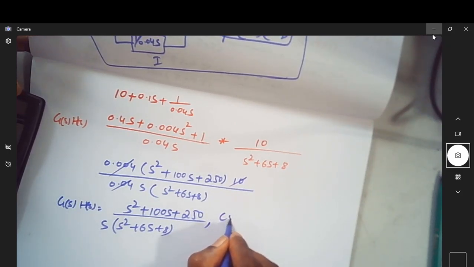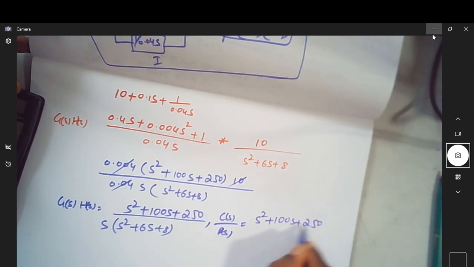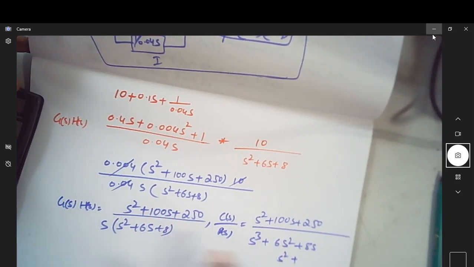So from this, if you want to find C(s) by R(s), the numerator will be the same, s square plus 100s plus 250, but the denominator is s cube plus 6s square plus 8s plus s square plus 100s plus 250.